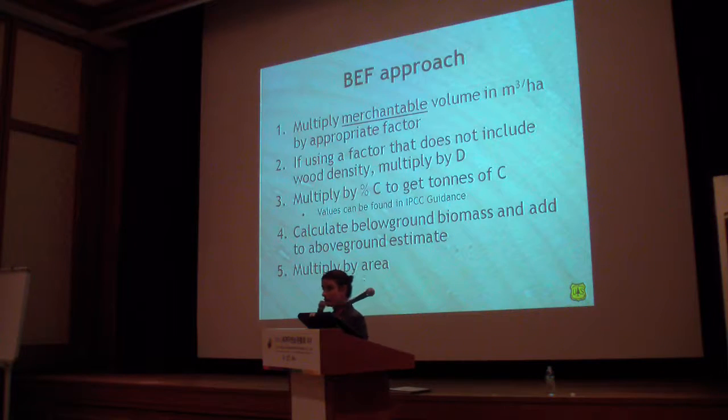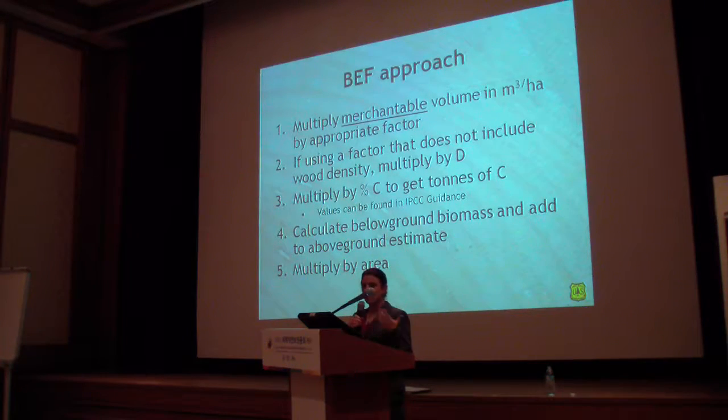Then multiply by percent carbon to get tons of carbon. Again, 50% is a good round value. There are values in the IPCC guidance, and you can look them up, and they vary a little bit. And then if you have a separate step for your below-ground biomass, you want to do that. This equation from the guidance includes everything you need.